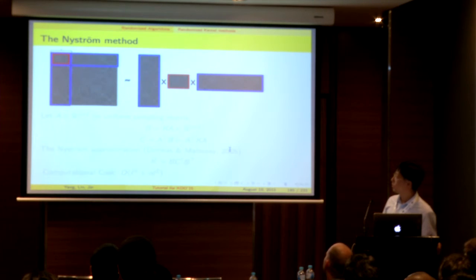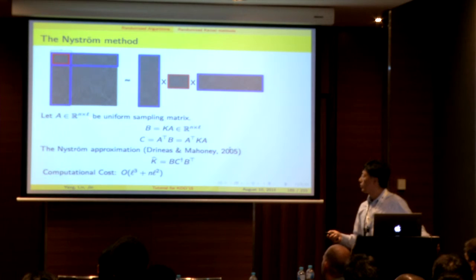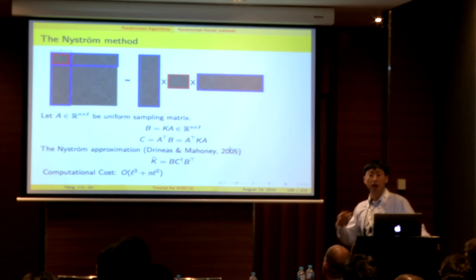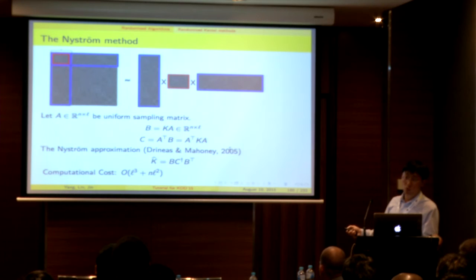If we let A denote the uniform sampling matrix, then we apply A to K, so K times A denotes the selected columns. We only compute entries in these columns.